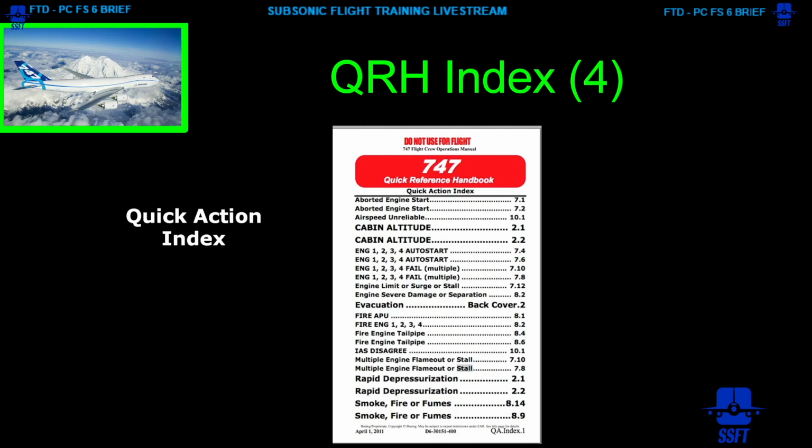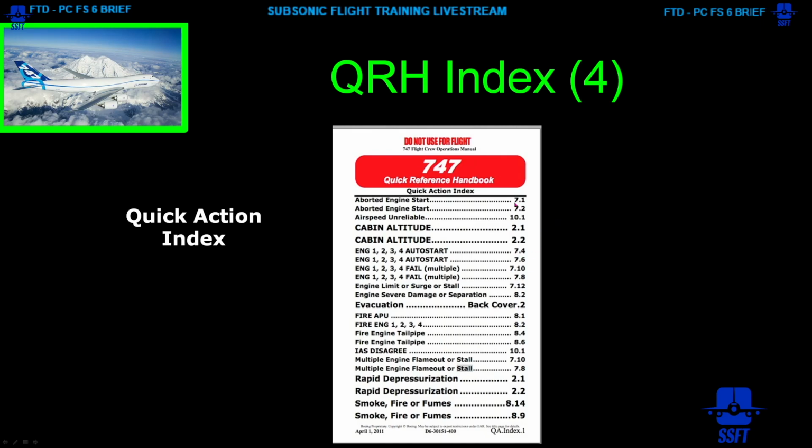So that would be an unannunciated. But anything where you see all caps, it would be an ICAS message, like IAS disagree, that's all caps. Engine 1, 2, 3, 4 auto start, all capital letters, so that's an ICAS message. But the multiple engine flame out or stall, not an ICAS message. We just know we have multiple engines that are stalling or flaming out.